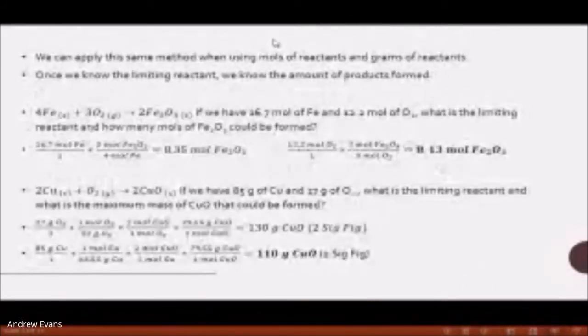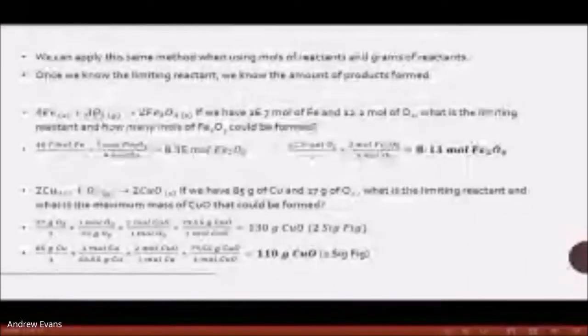Now, we can use the same method when using moles of reactants and grams of reactants. Once we have the limiting reactant, we can know how much product is formed. So, iron oxidation. If I have 16.7 moles of iron and 12.2 moles of oxygen, what is the limiting reactant?